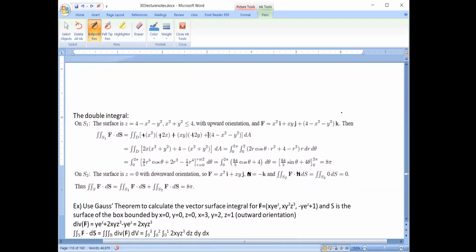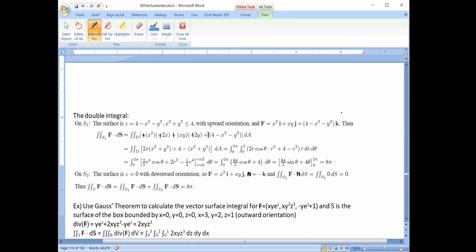Instead, let's note that the surface integral is just going to be the triple integral over the solid of the divergence of f, dv. And that's using Gauss's theorem. So now we calculate the divergence of f, which is right here.